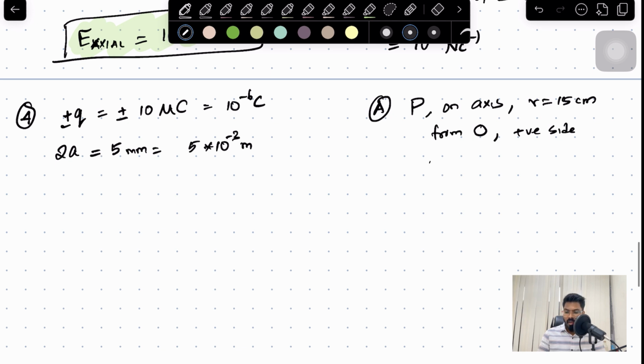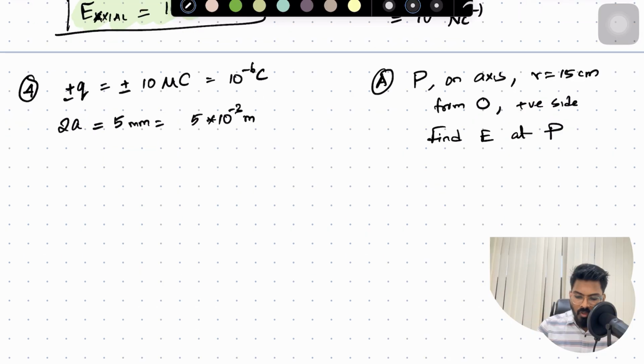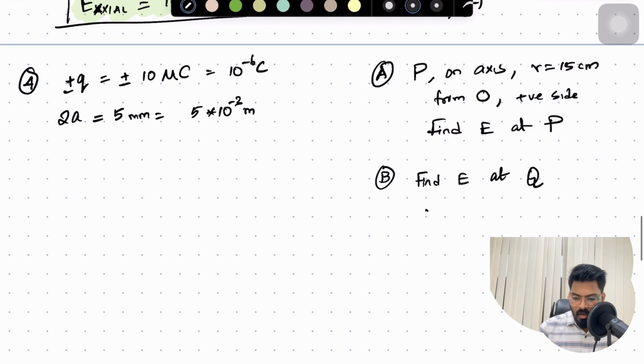So we have to find E at P. Now we also have the second part in this question, in which we have to find the electric force due to the electric field at point Q. Now Q is again at 15 centimeter, but it is normal to the axis.